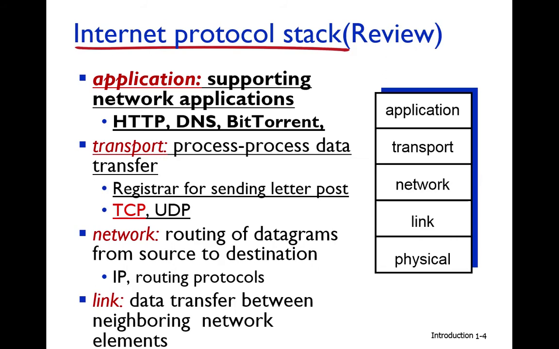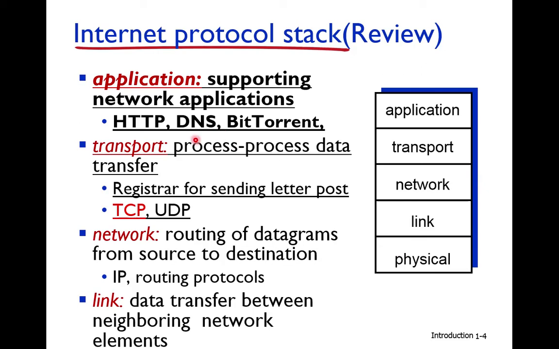So let me give you a review of the internet protocol stack. As we know, the internet protocol stack has 5 layers: application layer, transport layer, network layer, link layer and physical layer. The application layer we have discussed.